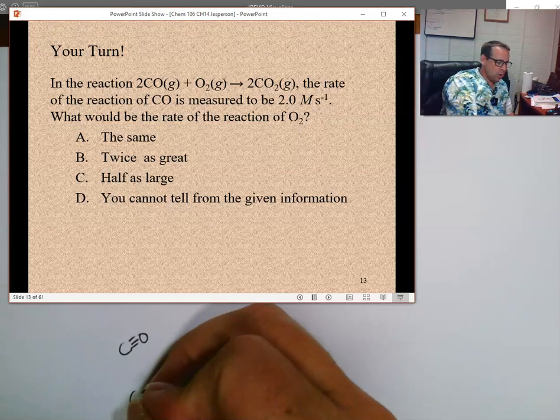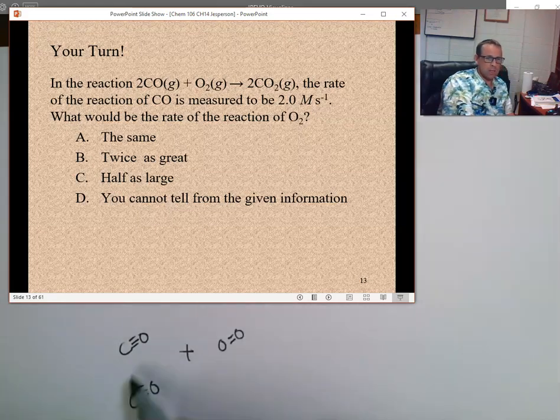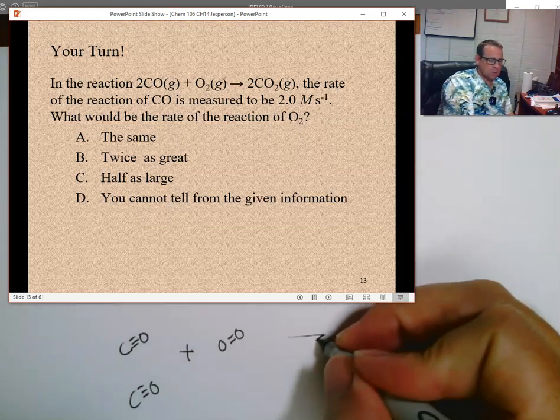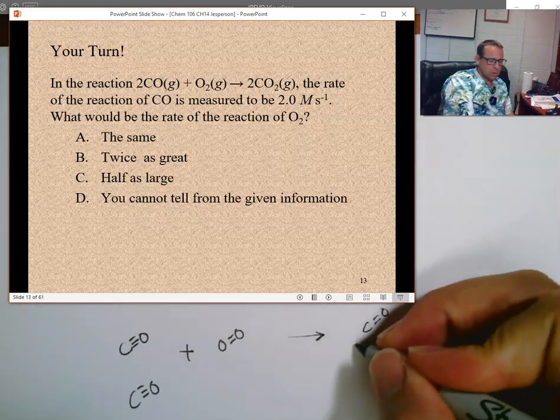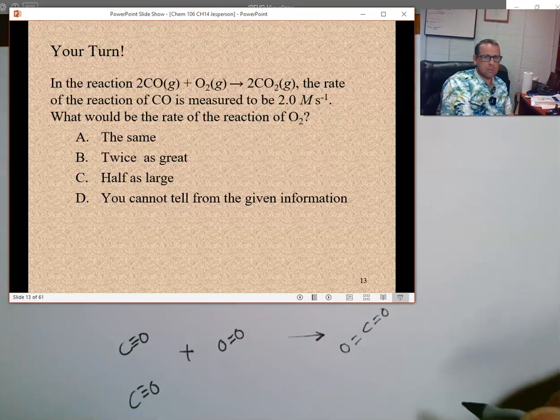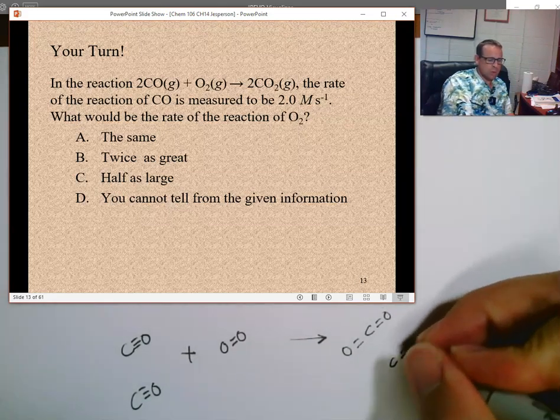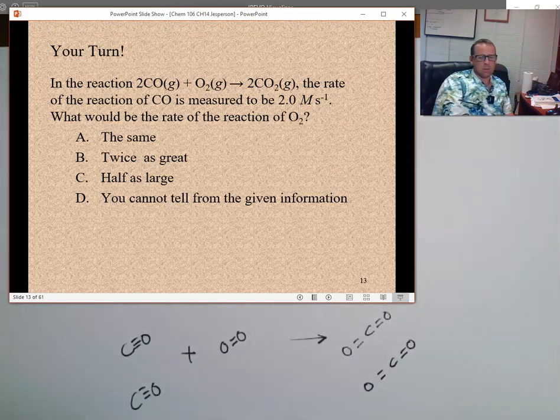I need 2 carbon monoxides, though, correct, to react with 1 oxygen gas to form a carbon dioxide, right? And it's actually going to form 2 carbon dioxides, right?